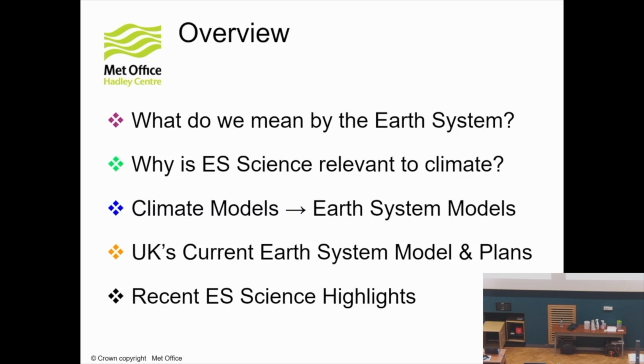And obviously that's constantly evolving. So I'll talk about the existing models, but also plans for the next version of our Earth system model. And then I'll finish up with some recent Earth system highlights that fed into the sixth assessment report of the Intergovernmental Panel on Climate Change.